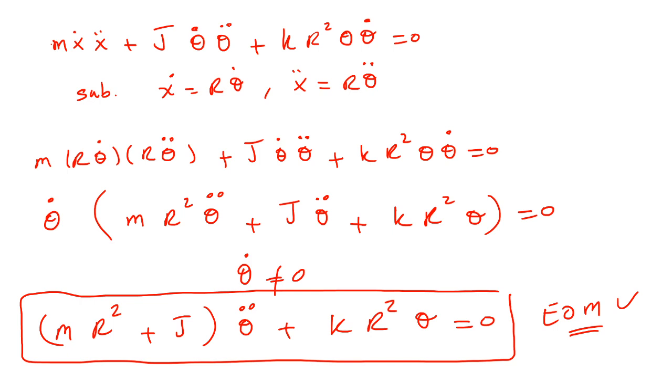Can you find the natural frequency? Yes. Let me write it here because it's very easy. The natural frequency is the square root of this coefficient, k r squared, divided by this coefficient, m r squared plus j. We call this, by the way, the effective mass.